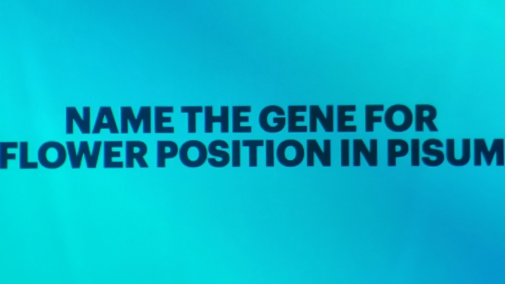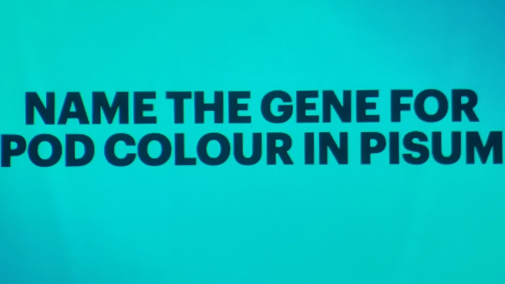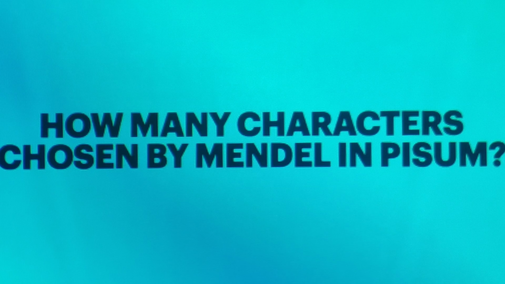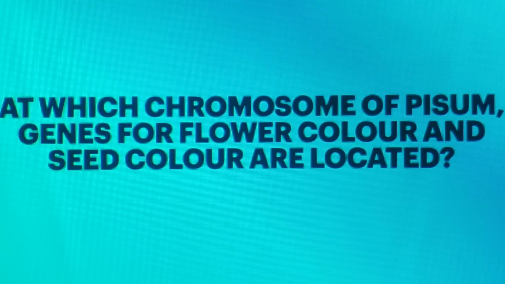I. Name the gene for flower position in Pisum. A. Name the gene for pod color in Pisum. Gp. How many characters were chosen by Mendel in Pisum? 7.